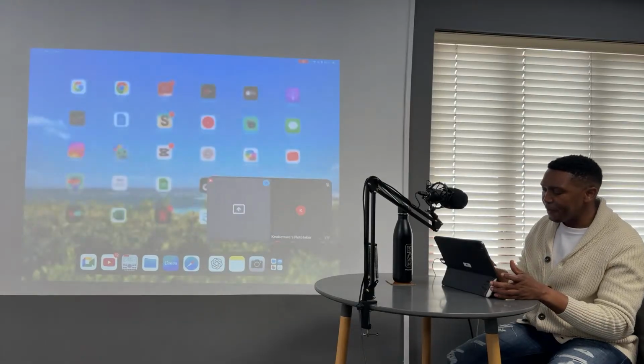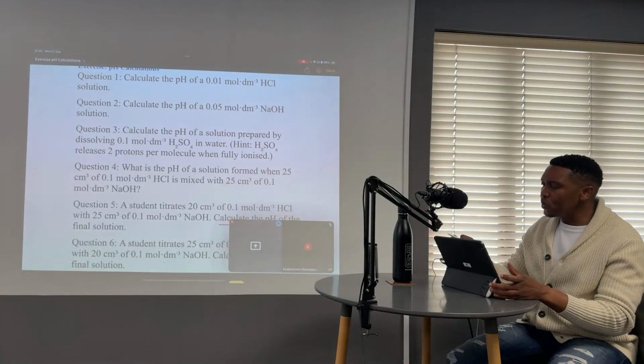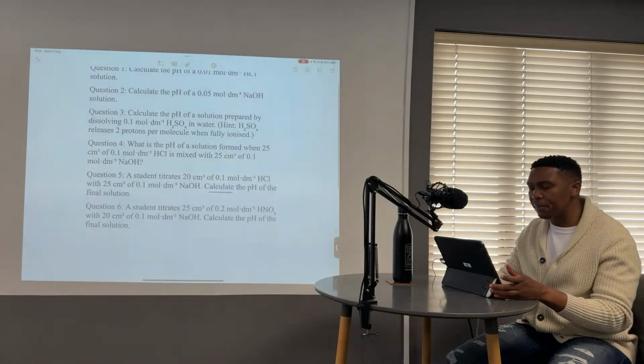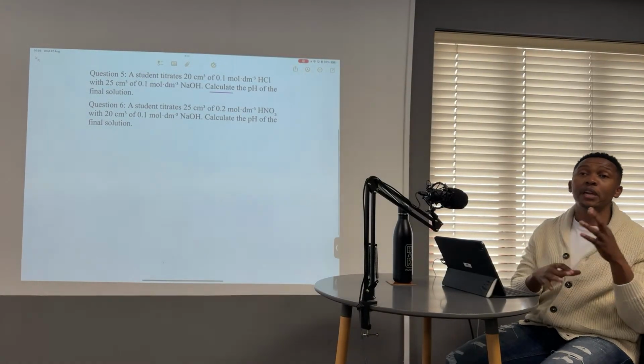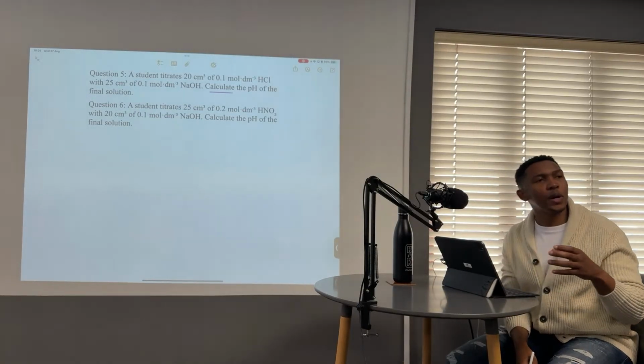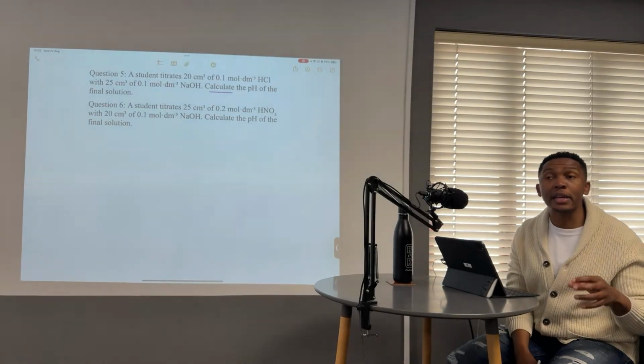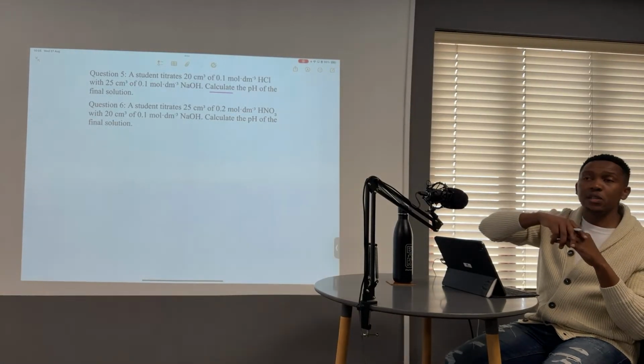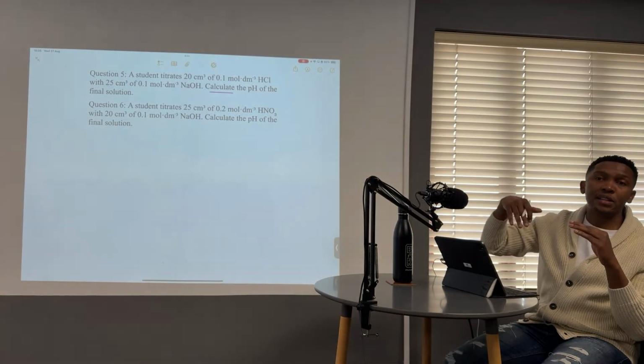All right. So I want us to start there, because it is quite important. It's one of those scenarios where we are looking at a resulting solution. That is, if we either over titrate or under titrate a solution.